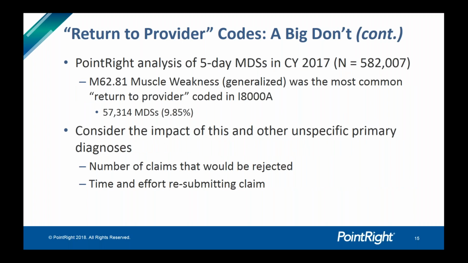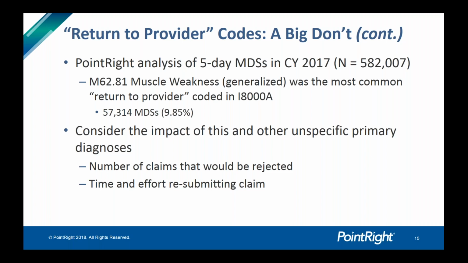And PointRight actually looked into this a few months ago. We looked at all the 5-day MDSs from calendar year 2017 in our database, so just 500,000 plus MDSs, and we were looking to see how frequently those return to provider codes were coded in the first line in I8000A.